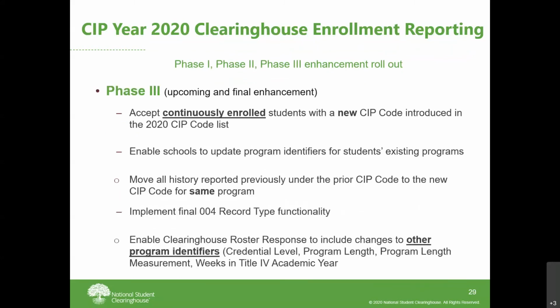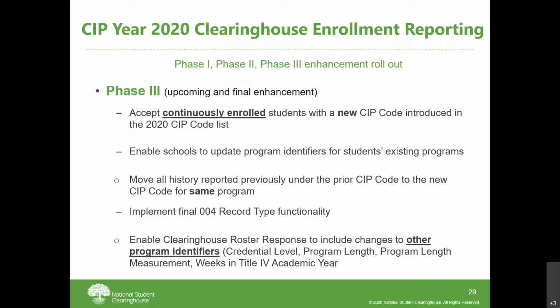in the phase 3, we're going to expand that so that it will allow you to adjust other program identifiers. So there are multiple criteria that make up a unique program according to NSLDS, and so that's how you report the data to us.